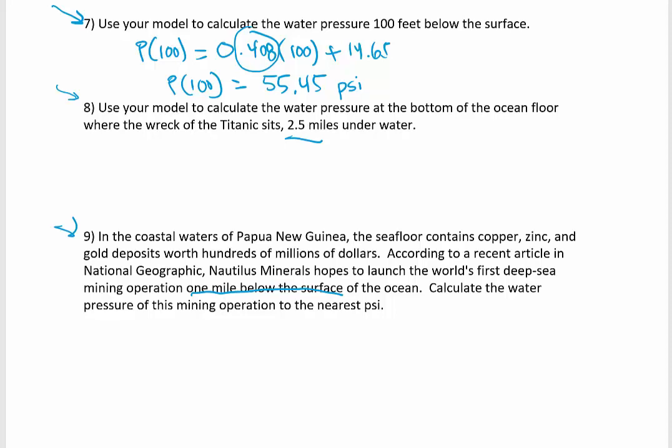So let's go ahead now. We're going to use our model to calculate these two different pressures. Remember that our model is written in the depth in feet, not depth in miles. So we're going to have to do a little bit of work here to calculate using the depth in miles. And remember that 1 mile is 5,280 feet.